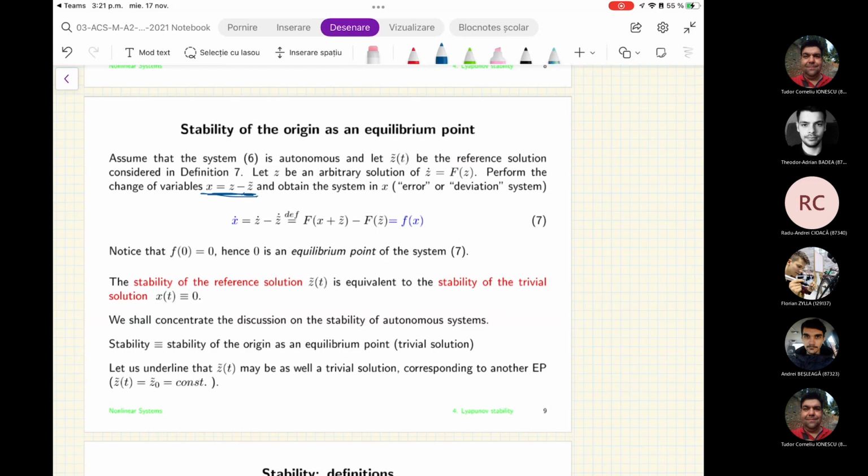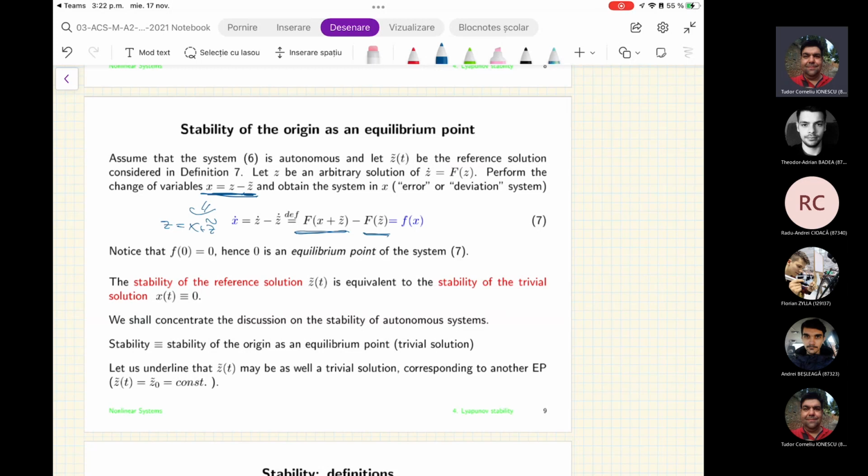And you get this: x dot is z dot minus z tilde dot. By definition, this is f, because here you get z is x plus z tilde. Hence, this is f(x plus z tilde) minus f(z tilde). And you call this f(x).